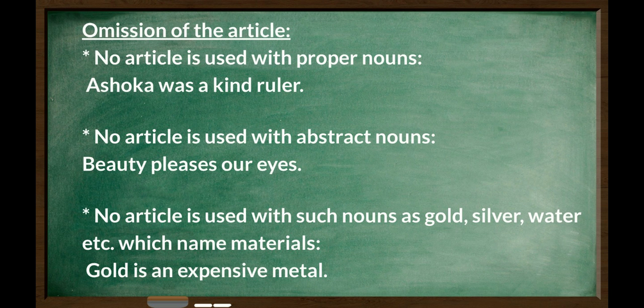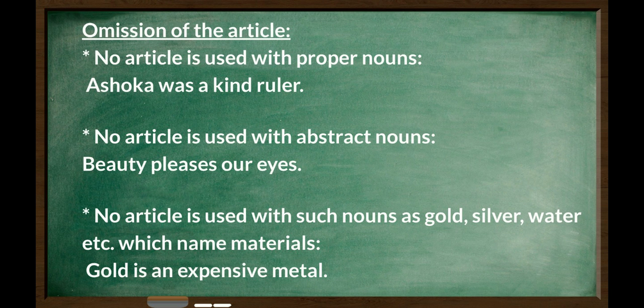No article is used with abstract nouns. Abstract noun means the noun which tells us about our feelings, like wisdom, beauty, intelligence, honesty. These are abstract nouns. So before these nouns, we don't use any article. If you use one, it is a wrong use of article. Like, beauty pleases our eyes.